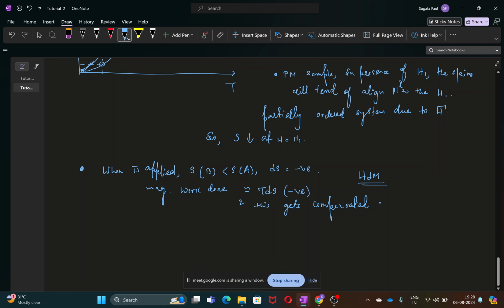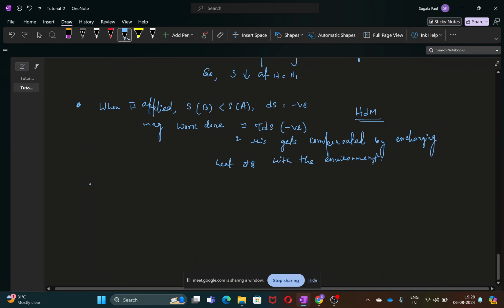This gets compensated by exchanging heat dQ with the environment. So at this step the process is not adiabatic. Rather, it's isothermal.